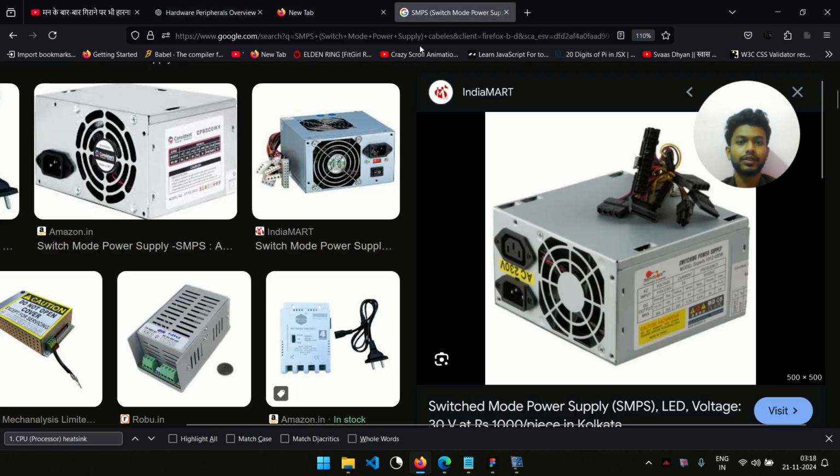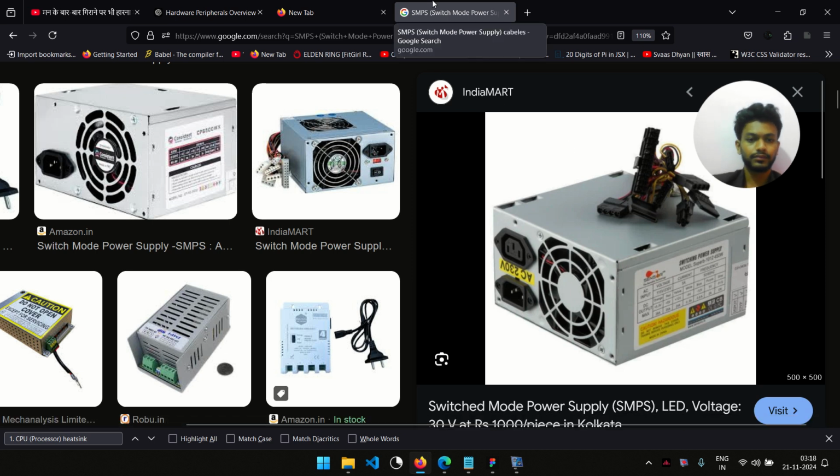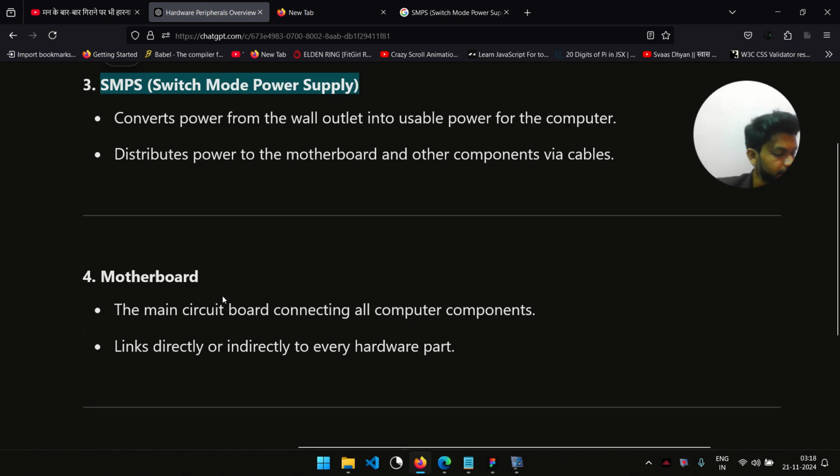The first thing it does is distribute the power among the different components by cables, and the other thing it does is convert the wall outlet power into usable power. Okay, third thing, SMPs is done. Let me write the SMPs. SMPS, switch mode power supply.